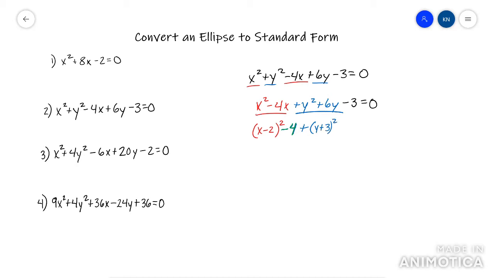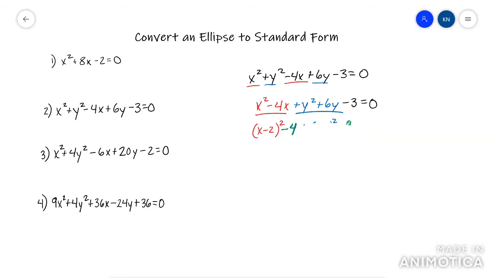Now the L of this FOIL, let's see, y plus 3 times y plus 3. This would make y squared plus 3y plus 3y plus 9. So on the outside, you have to minus 9. You can't just add 9 to an equation. So this right here is the same as this right here. It's just another way of looking at it.